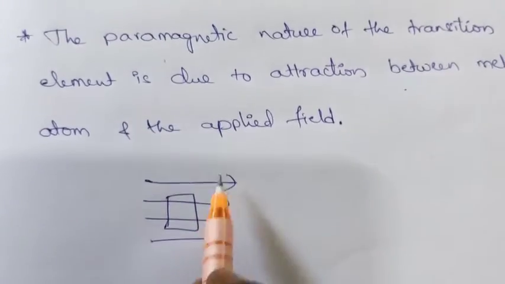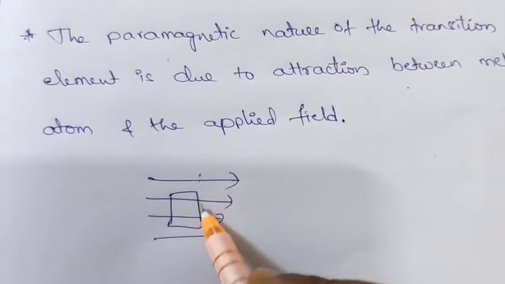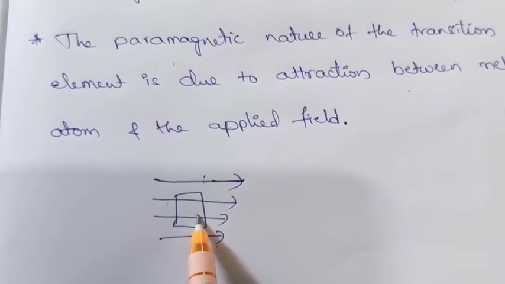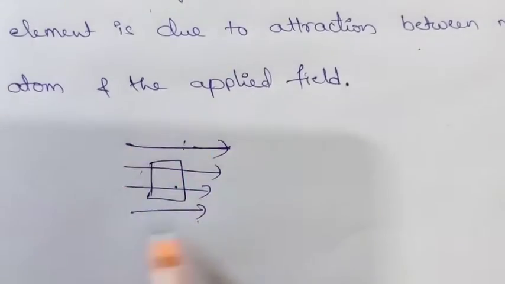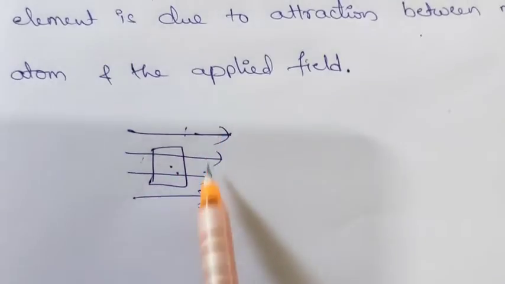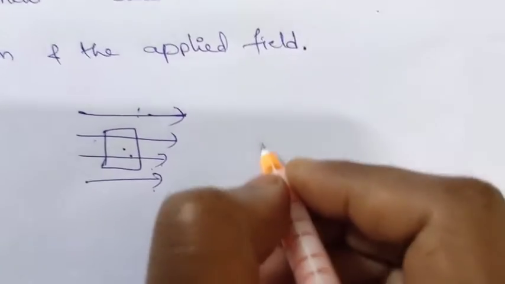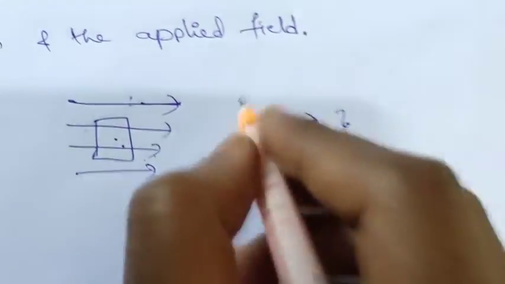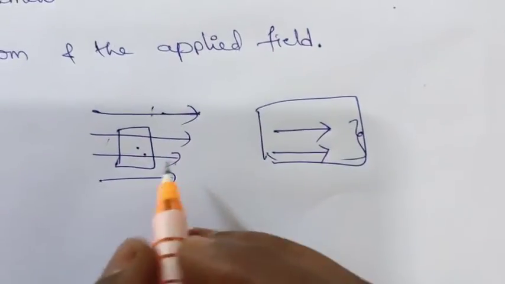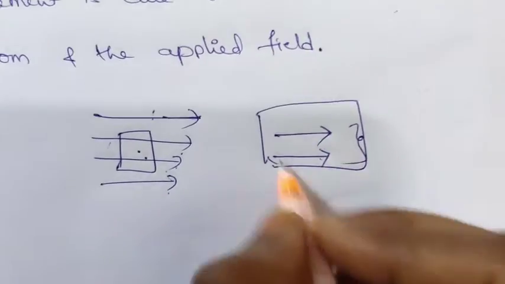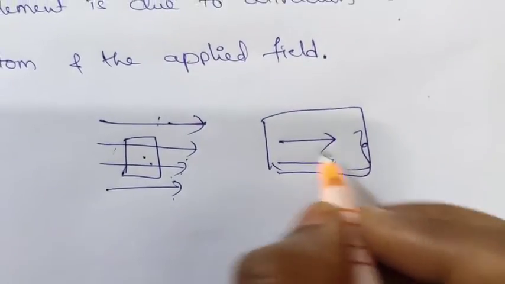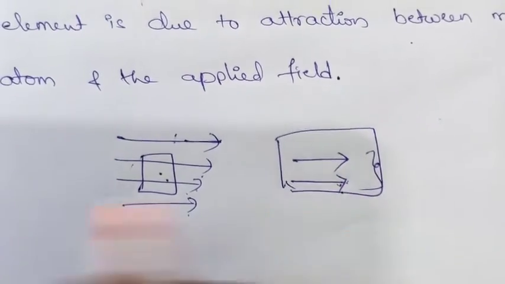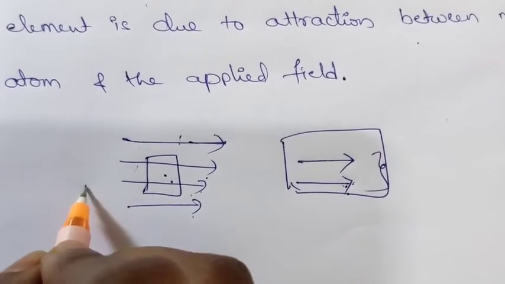Both are attracting each other, the field and the substance. There is an attraction between the metal atom and the magnetic field. Why? Because in paramagnetic nature both are showing the same spin. Both the magnetic field and the metal atom show the same spin. That's why attraction takes place in paramagnetic substances.